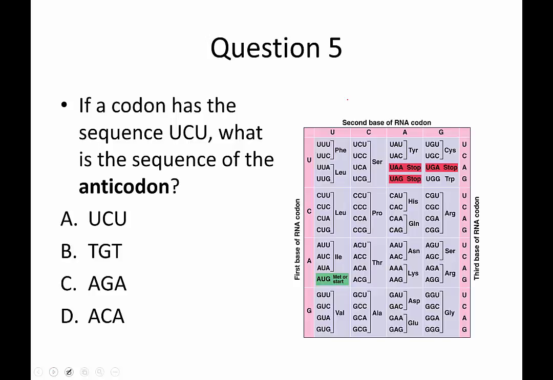So for UCU, we would have A, G, A in the anticodon. So normal base pairing is happening here. You can also even add directionality to this. So this would be the 5' here, 3' here, and this would be the 3' here, and 5' here. So same exact idea, we have proper base pairing and antiparallel strands between the codon and the anticodon.